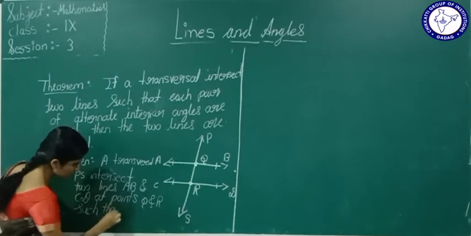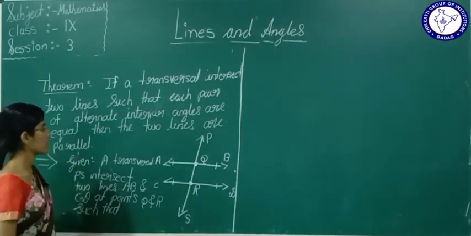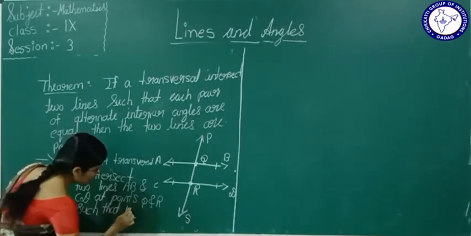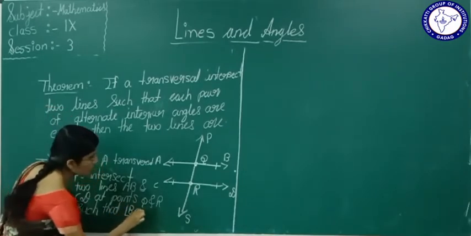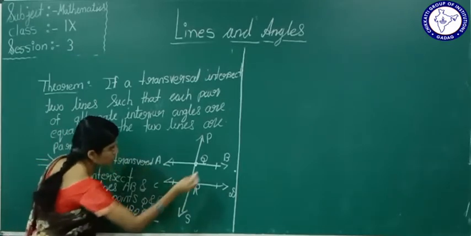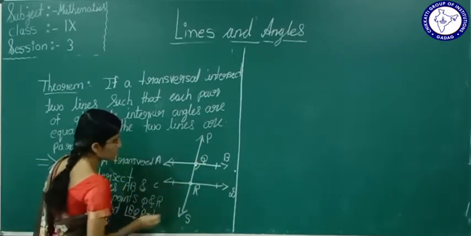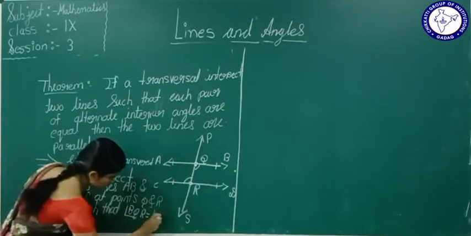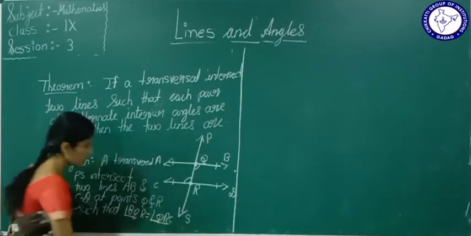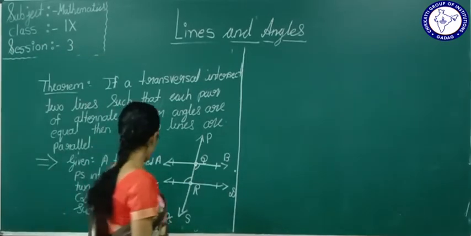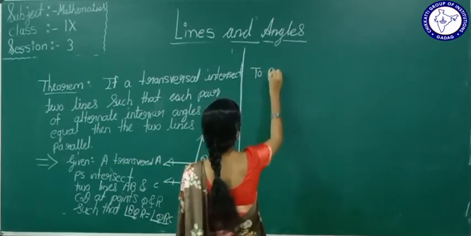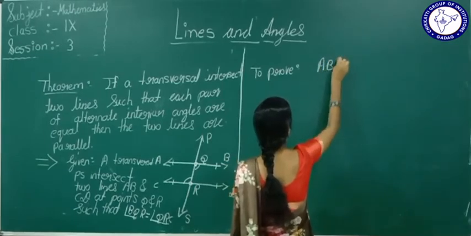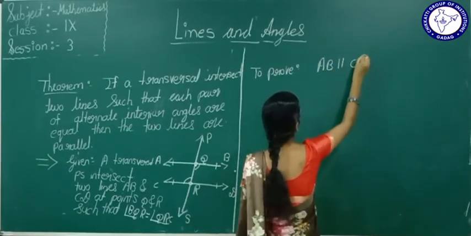They are given that each pair of alternate interior angles are equal, such that angle BQR is equal to angle QRC. I am taking one pair. Okay. Now see here, what do we have to prove? To prove AB is parallel to CD, this I have to prove.